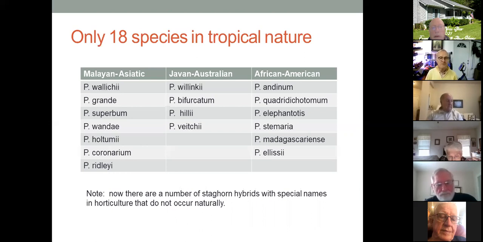And when I was growing these in Florida, I had a lot of trouble with them being attacked by pill bugs. A lot of the Javan, Australian, and African plants are what I would call rhizome branching.